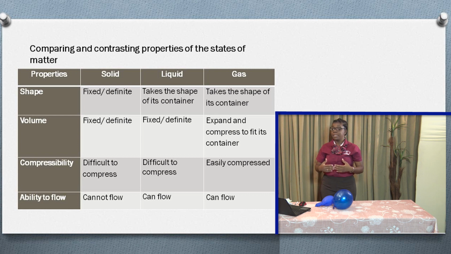In terms of ability to flow from one container to another or one point to another, liquids and gases can flow, but solids cannot flow because the shape is actually fixed. Good? So that summarizes what we would have learned so far in terms of physical properties of states of matter.